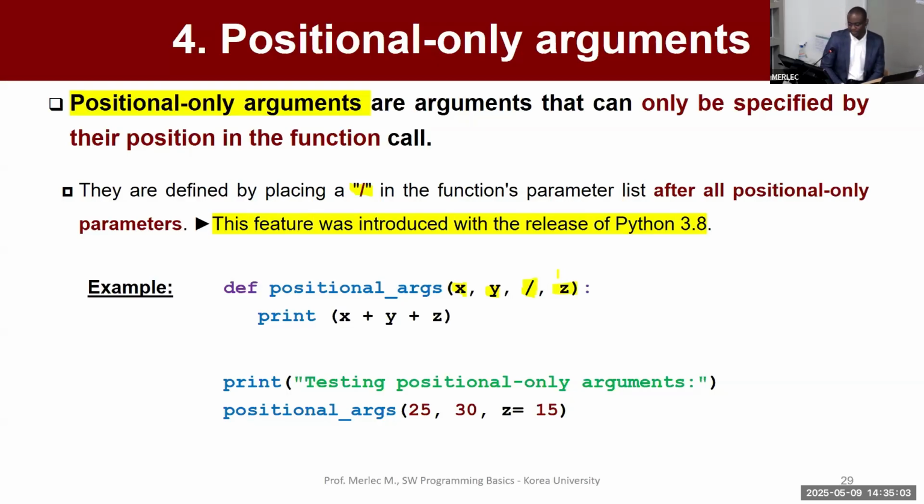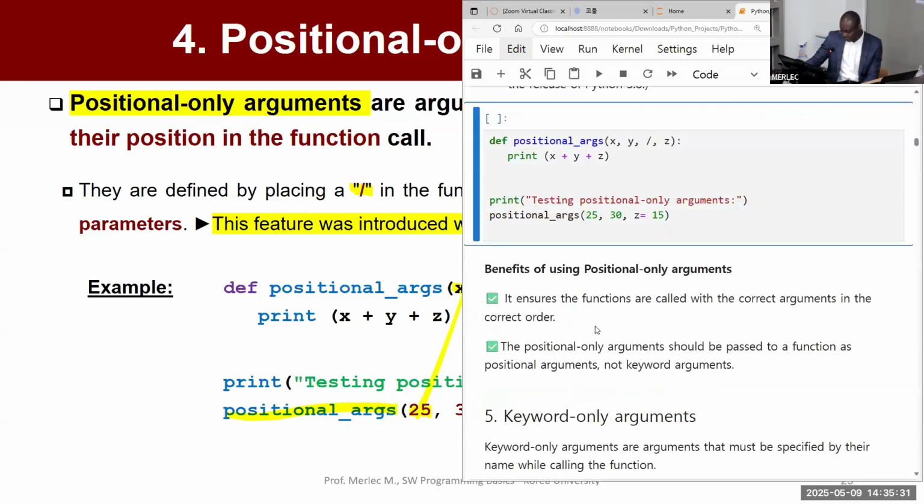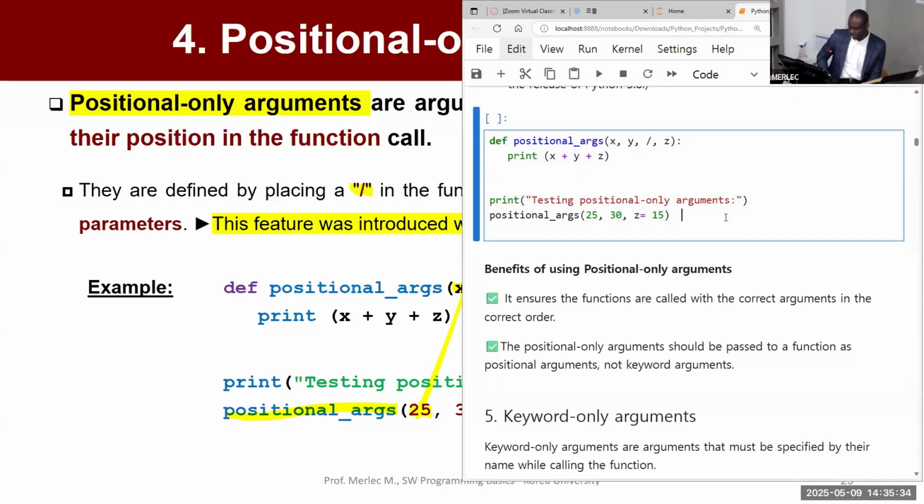all the parameters coming after slash will be considered as positional only arguments. Like in this function call, which receives 3 parameters, 25 will be mapped with x, 30 will be mapped with y, and then this z will be the positional argument that will be sent to the z parameter.